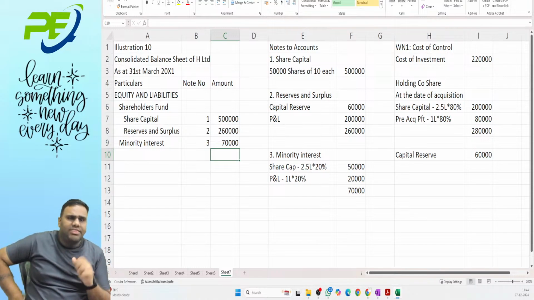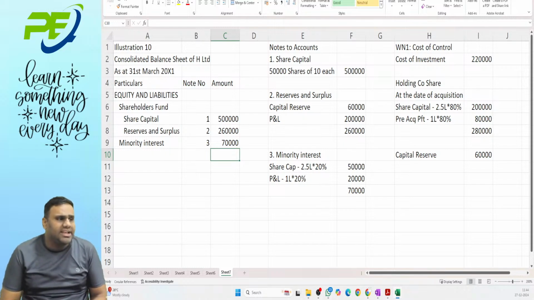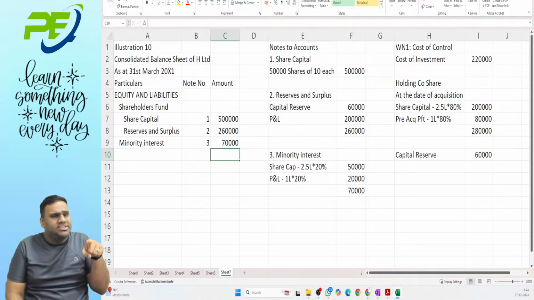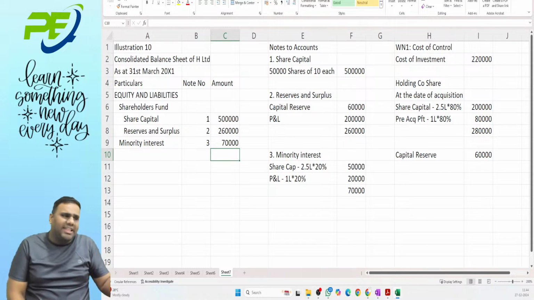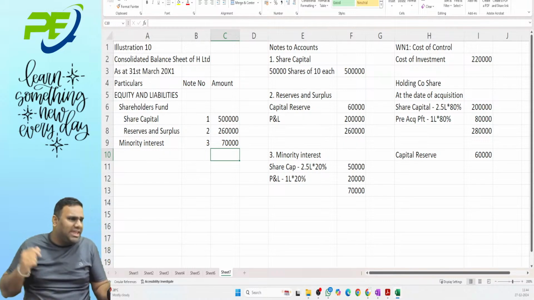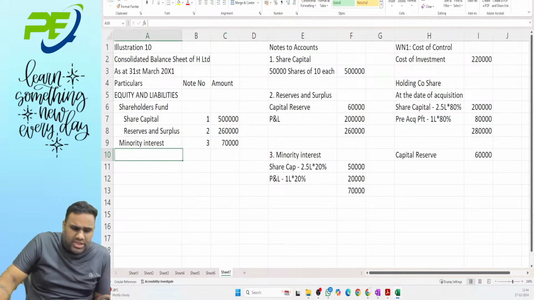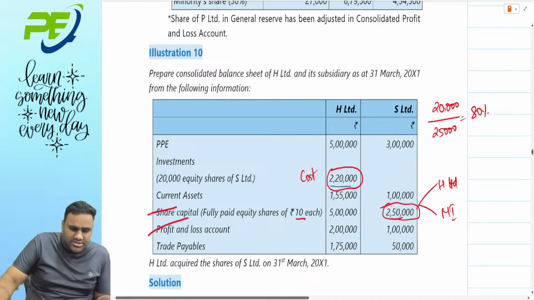Now tell me, is this 70,000 minority interest at the time of acquisition or at the time of consolidation? In this problem, both are the same. The day you are acquiring, that day only you are preparing consolidation.